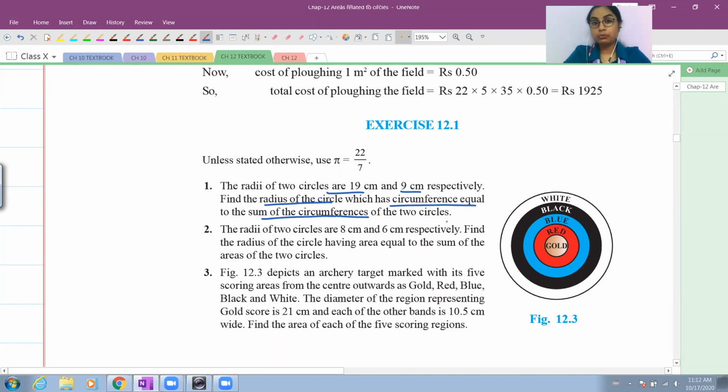I'm going to represent these with some different variables now. Usually I can work with small r and capital R. Here, three circles are being talked about. I'm going to represent them as R1 and R2. For the new circle, I will simply use R, just for convenience.